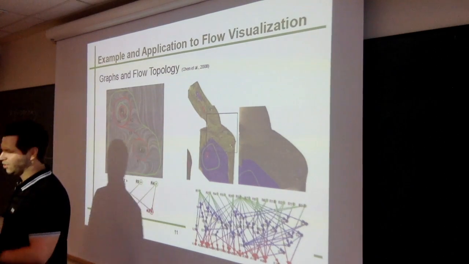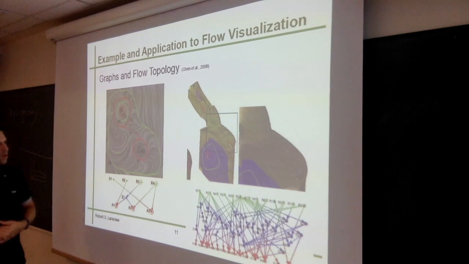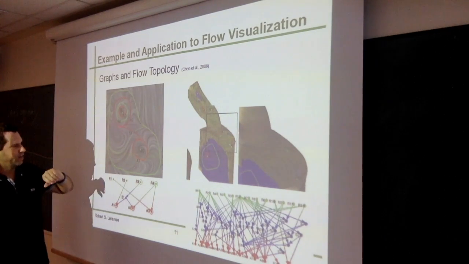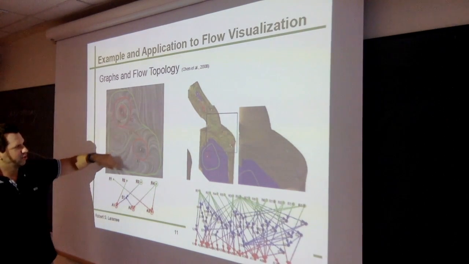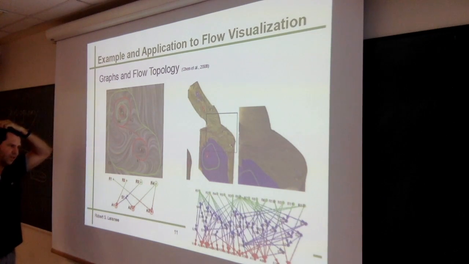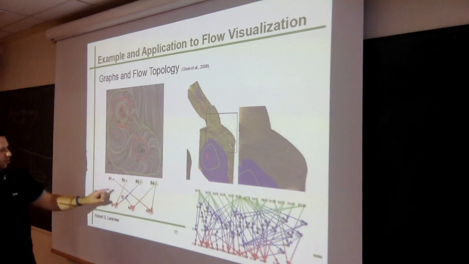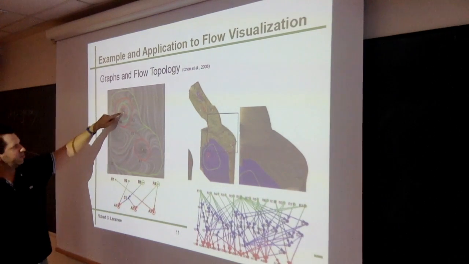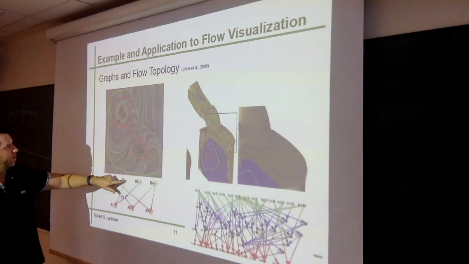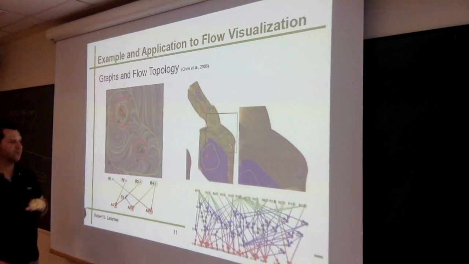Here's graphs applied to flow visualization, right? There are two kinds of graphs here. This is a kind of geometric graph that includes the flow geometry, and this is another graph that's abstracted away. But this R1 is the same as this R1, and this R2 is the same as this R2, and so on.